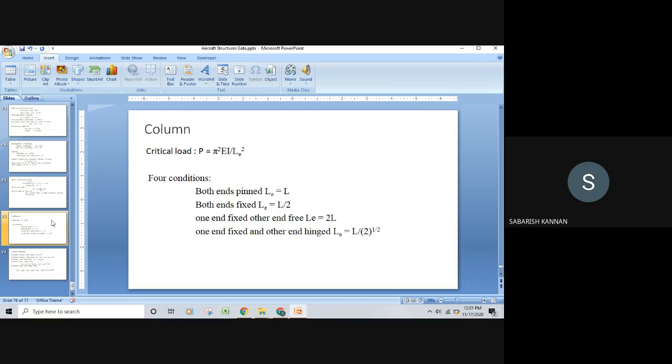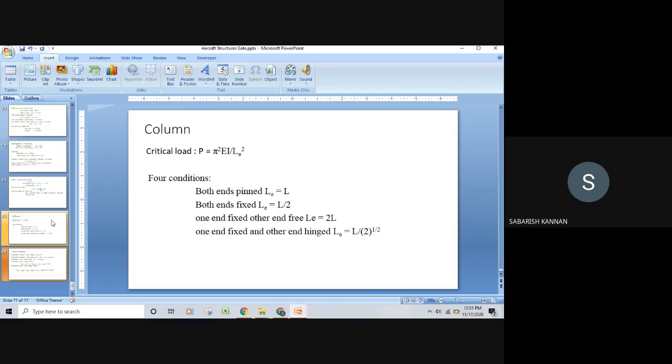Not only critical load, we have eccentric loading also. You need to know the eccentric loading and critical load also. So the most important formula is this one, so that's why I will show this one.